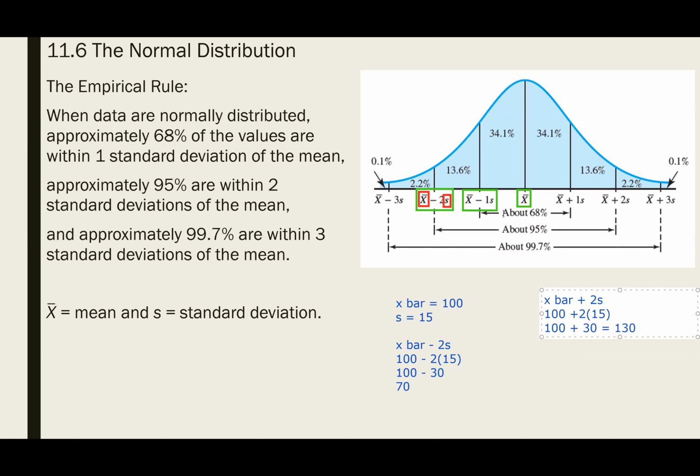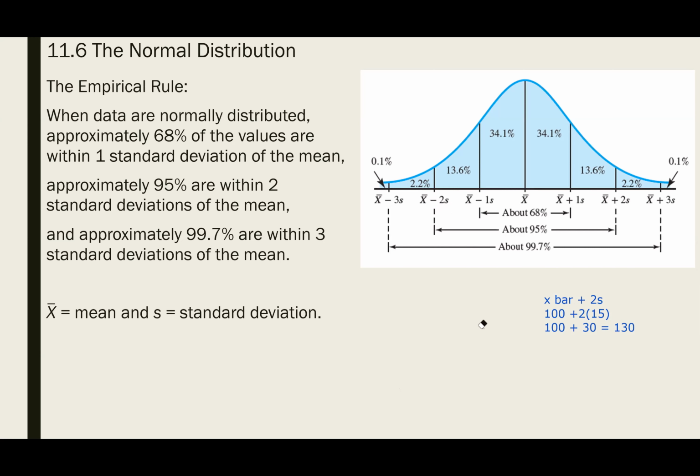So if you don't see why we have 70 on this side and 130 on this side, it's because we plug into this formula. This is the formula we have: X bar minus 1S, X bar minus 2S, X bar minus 3S. Same thing on the right: add 1S, add 2S, add 3S.